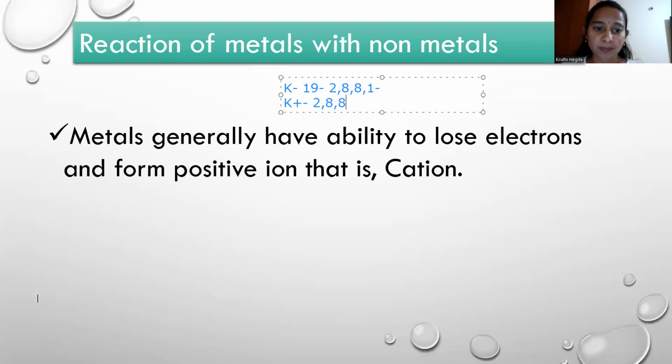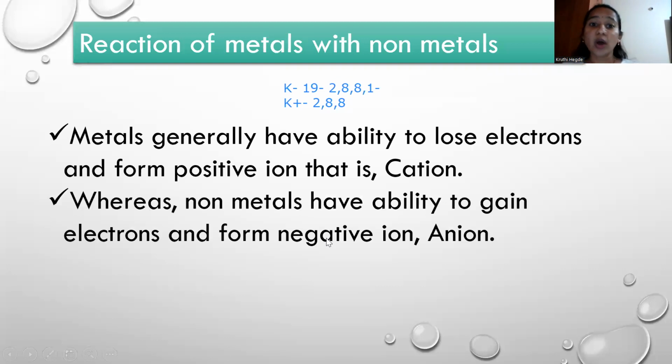Whereas non-metals form anions. They have a tendency to form anions, which means they are ready to accept electrons. Let us take chlorine, Cl. The atomic number of chlorine is 17, so the electronic configuration is 2, 8, 7. In the outer shell, it has 7 electrons. It is very difficult for chlorine to lose those 7.